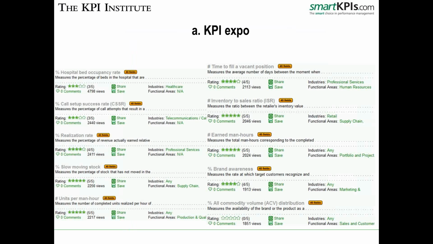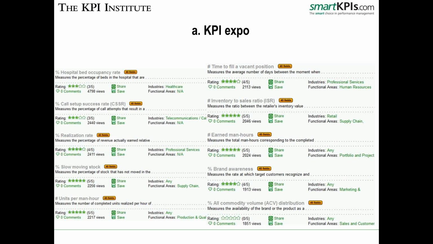What we'll talk about next is what techniques can be used during such a KPI selection workshop. One approach is to start with an expo of KPIs. Some participants may not be familiar with what KPIs are, how they add value, how they actually look.